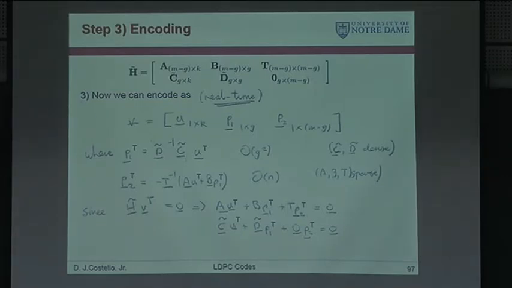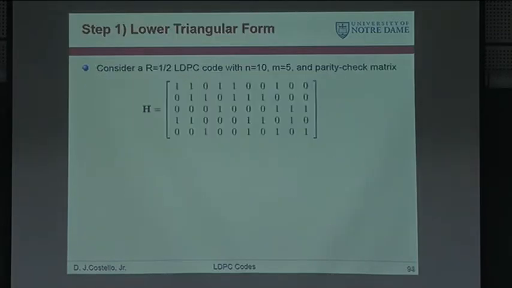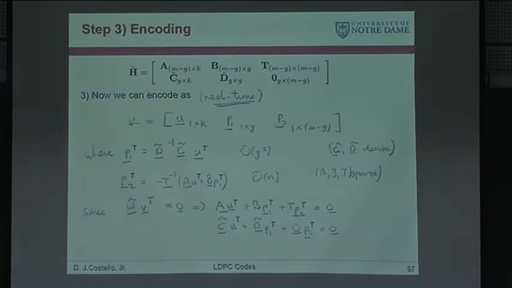N minus M could be smaller than K, right? K could be bigger than N minus M. So what happens in that case? Well, it would not be a systematic encoding, because we have K information bits, but this part could be less than K bits.